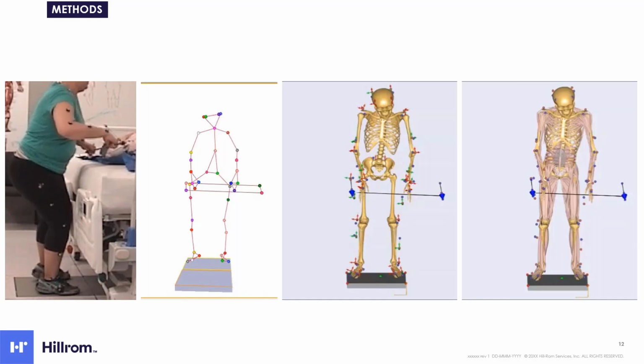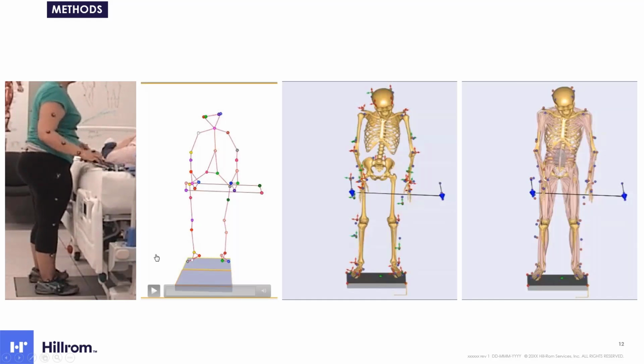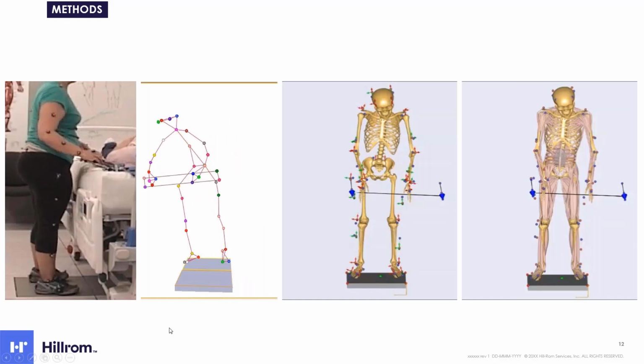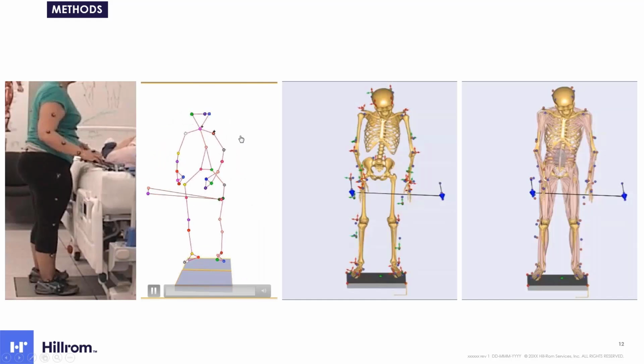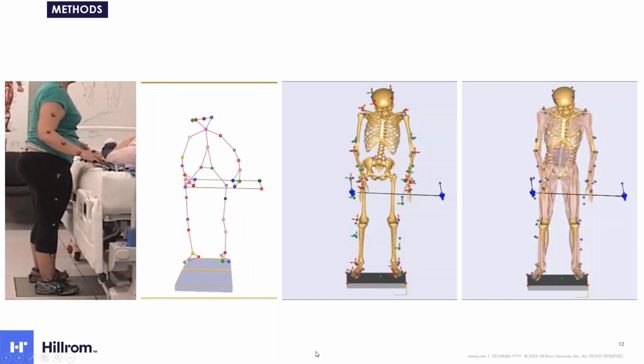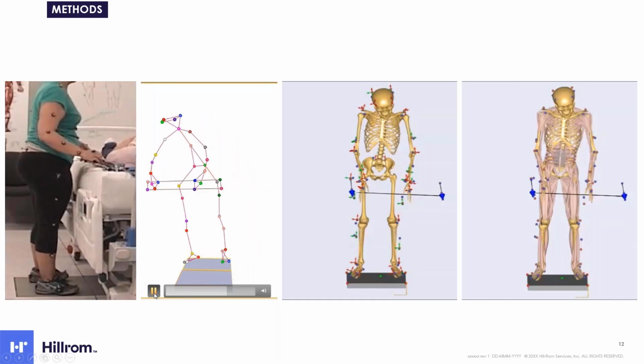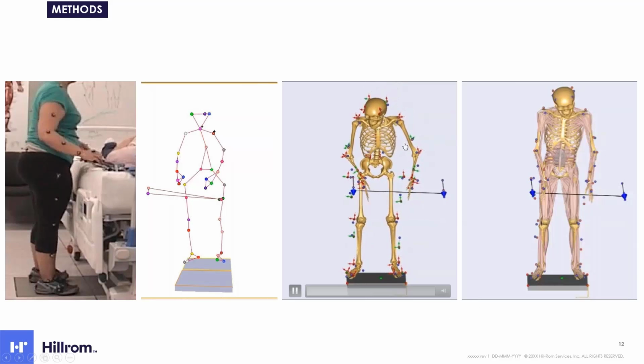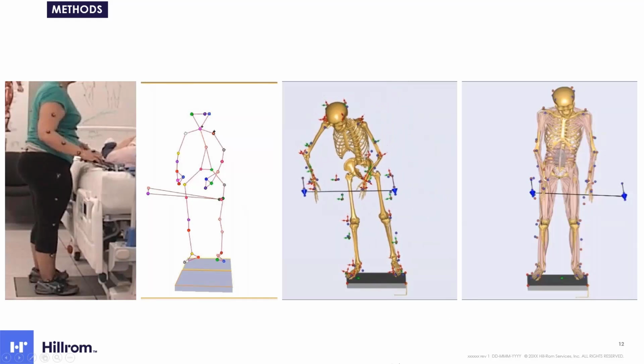And her movement was captured by the motion capture system. So all these colorful dots are the reflecting markers. Then in the kinematics reconstruction, basically it mimics the movement of the caregiver.